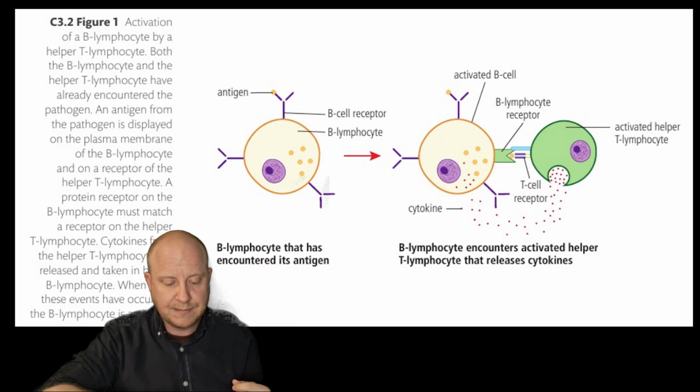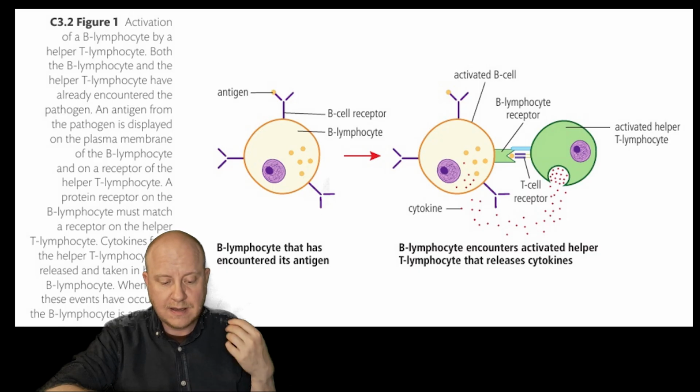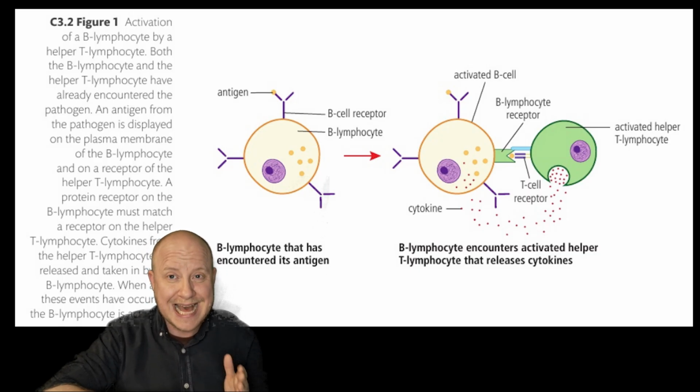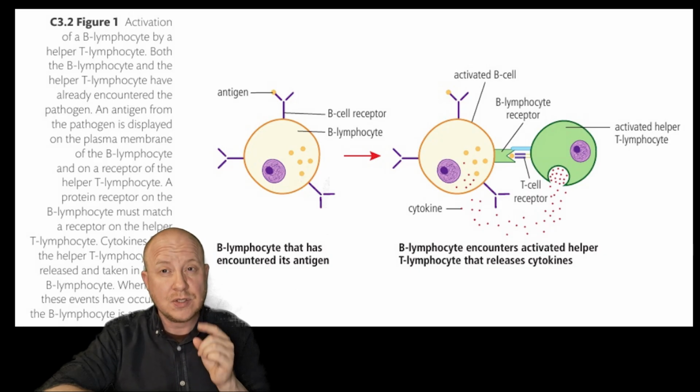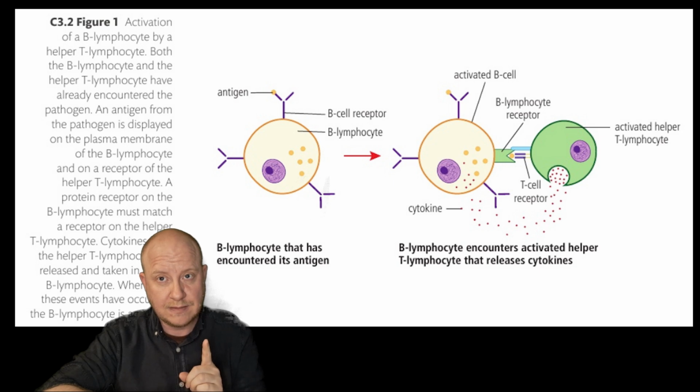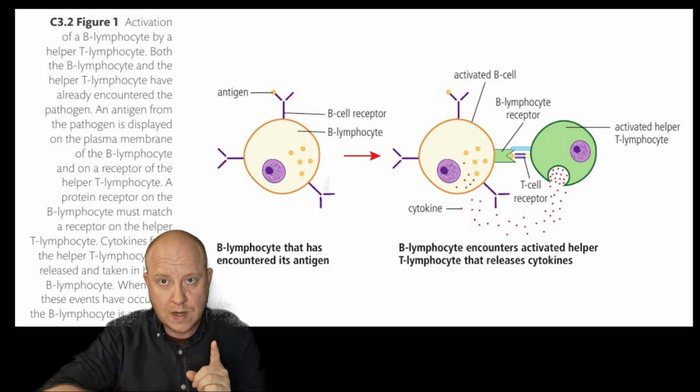B lymphocytes produce a specific antibody that binds to a specific antigen. Okay, so B lymphocytes, they make antibodies. There are many types of B lymphocytes. Each type produces an antibody specific to one antigen. So one kind of B lymphocyte creates one antibody for one antigen.